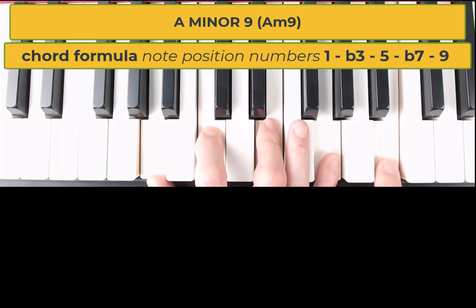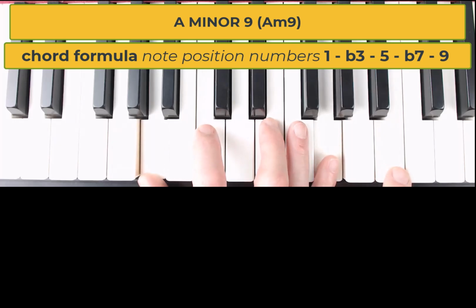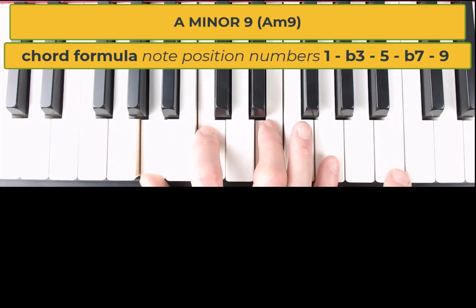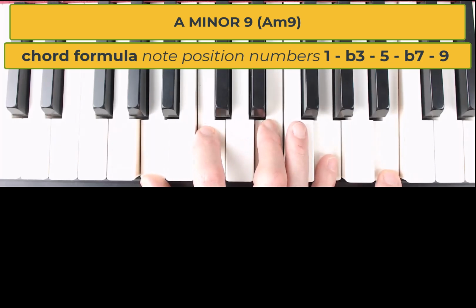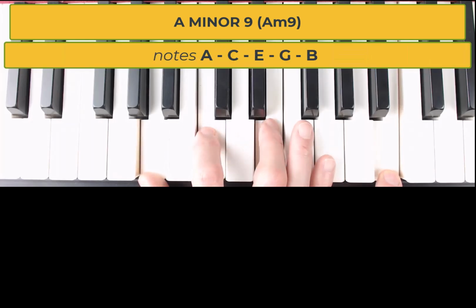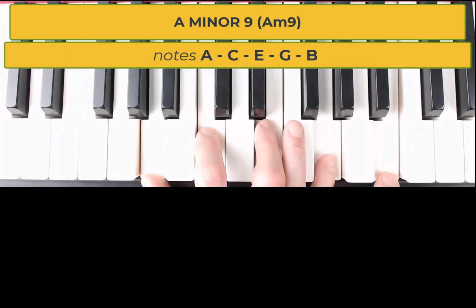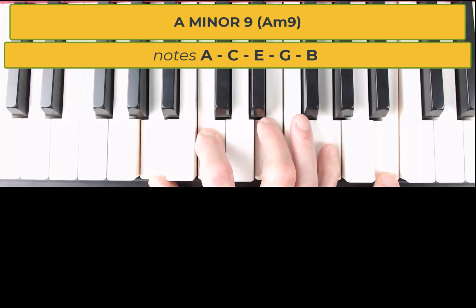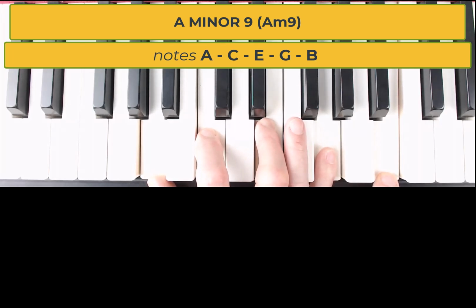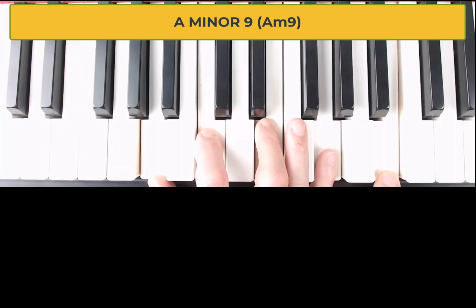So this 5-note chord is an example of an A minor 9th: 1, flat 3, 5, flat 7, and 9. A, C, E, G, and B are the notes of an A minor 9th. It's a beautiful chord. Now obviously, because it's 5 notes, it takes 2 hands to play conveniently.